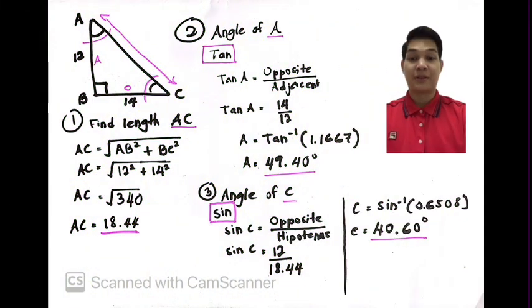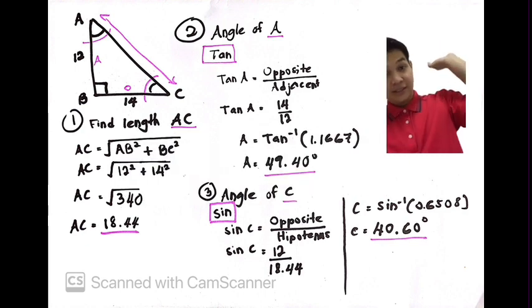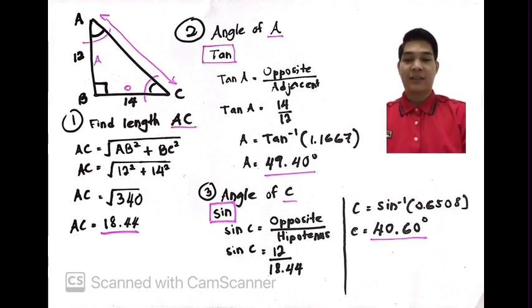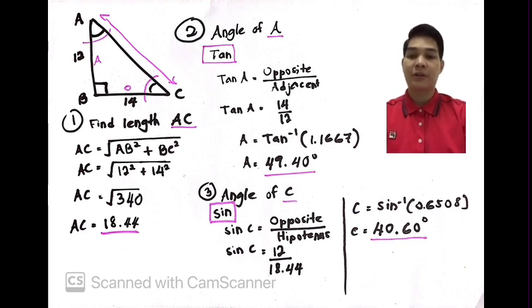Hello, my name is Ridwan and I will explain about the calculation. As you can see, the first thing we should do is find the length of AC. As you know, E is the top of the building and C is the bottom of the building. So what we should do is use the hypotenuse. A hypotenuse is the longest length.